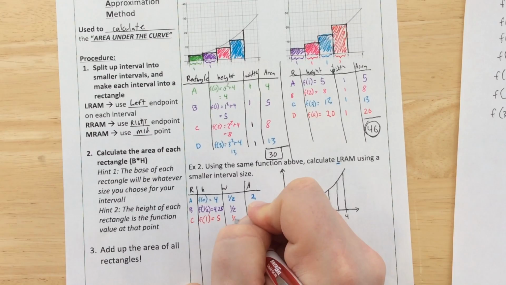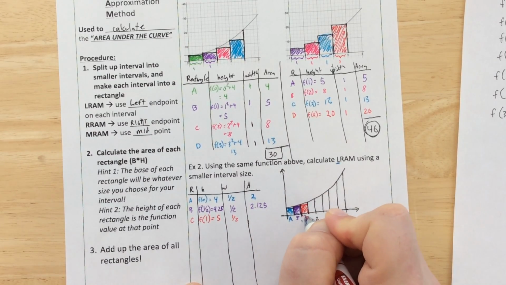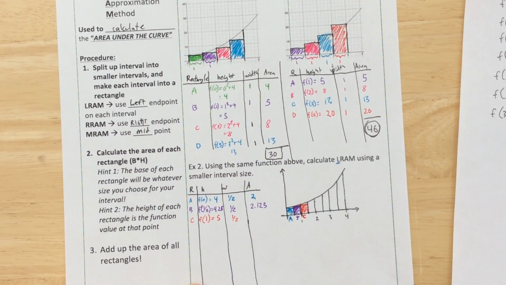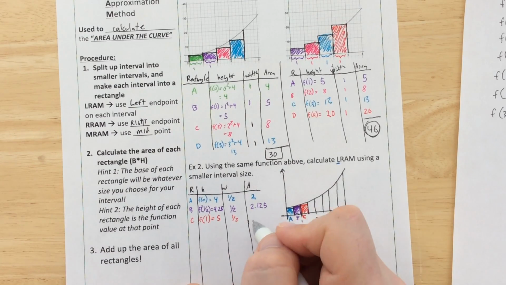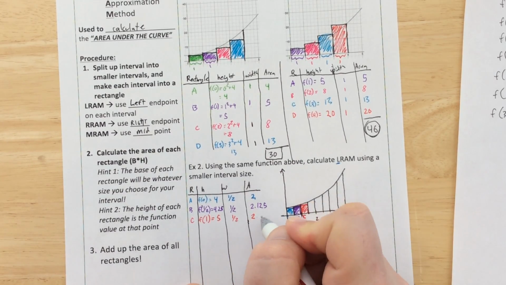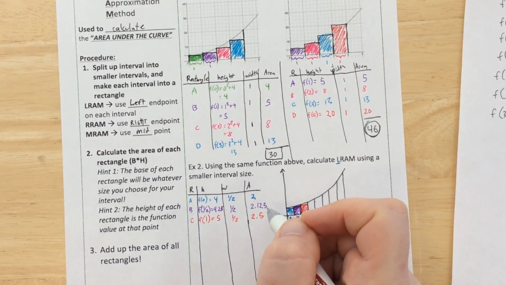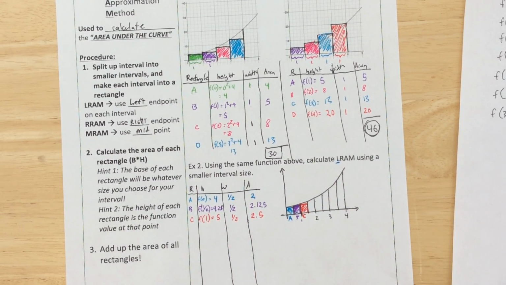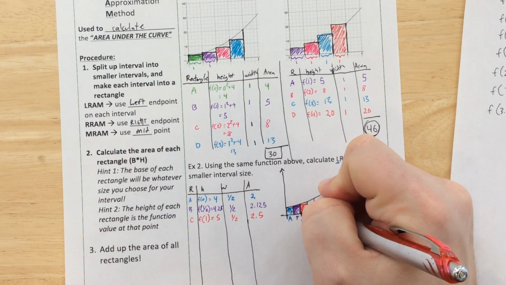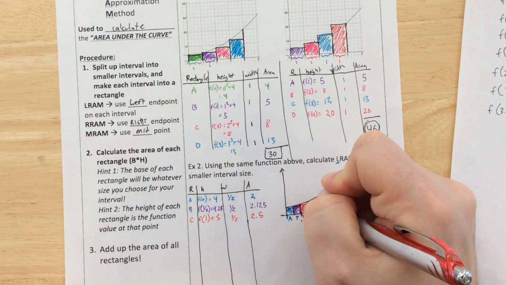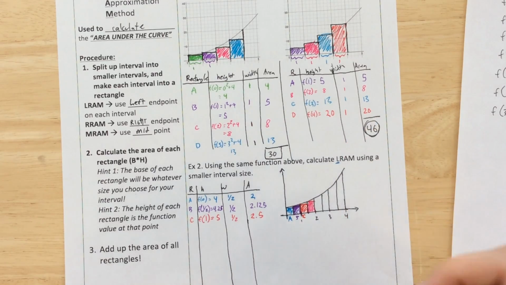The width of every interval is going to be the same size, always 1/2, because I'm just splitting up into smaller intervals. That creates an area of 5 times 1/2 or 2.5. Let's do one more just for kicks since I have one more color handy. From 1.5 to 2, if I go along the left side, that means I'm plugging in 1.5.